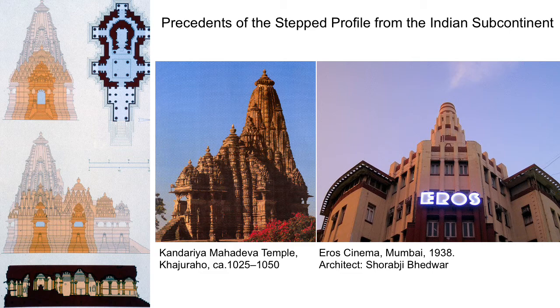If you are thinking about taking another course in the department, Professor Dadlani does an incredible course on the architecture of the Indian subcontinent, which is why we don't go into it further here. But on the right, you can see how those spires, those stacked forms reaching toward greater and greater height, are mirrored in the Eros cinema.